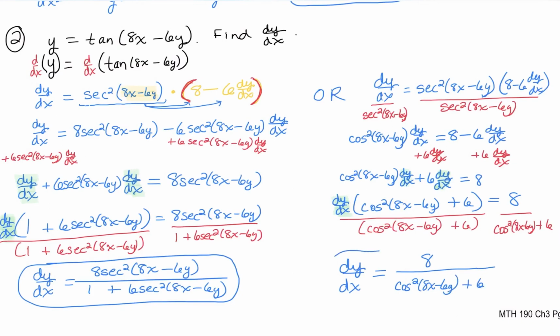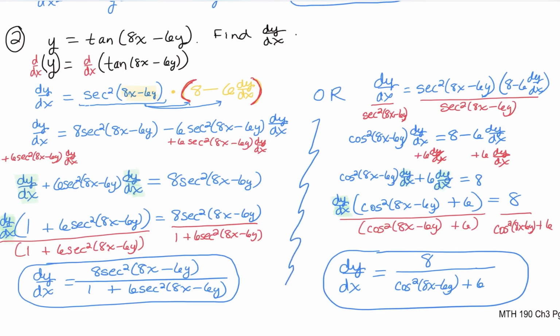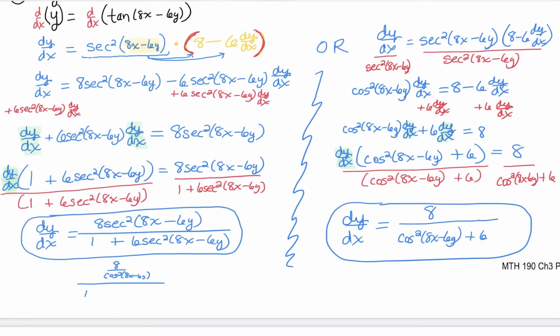Now, we could definitely show that these two are equal to each other. And what would that involve? I would say just thinking about 8 secant squared as being 8 over cosine squared of 8x minus 6y. I'm not going to go through this just in the interest of time. But if I wanted to really convince you, which you can see I kind of do because I'm having a hard time stopping myself, I would rewrite each of those that way.